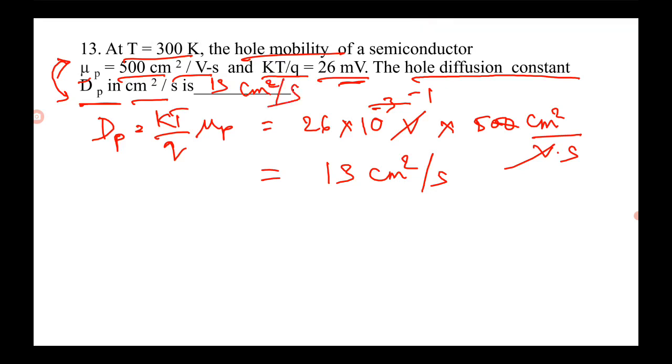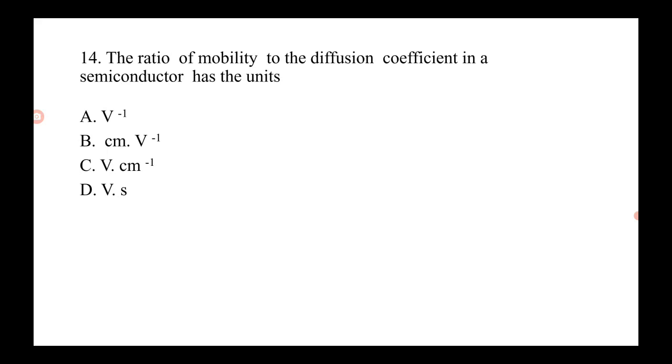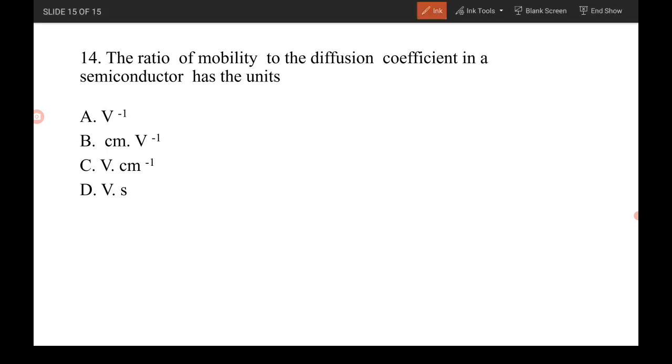Okay, now let's move on to the next question. Here in this question what is asked is, what is the ratio of mobility to diffusion coefficient in a semiconductor unit? What will be the unit obtained for the ratio of the mobility and the diffusion constant, that is mu and capital D? So how are mu and D related? Mu and D are related with the help of the thermal voltage.